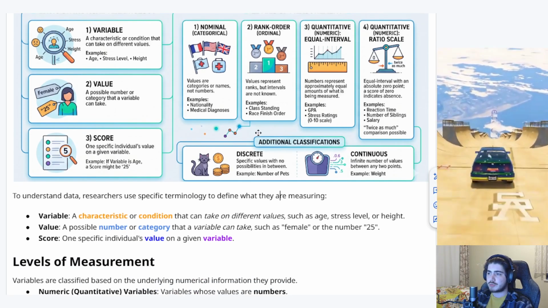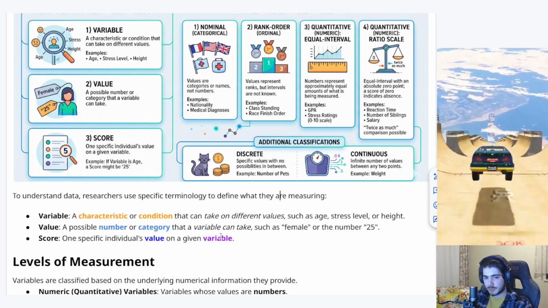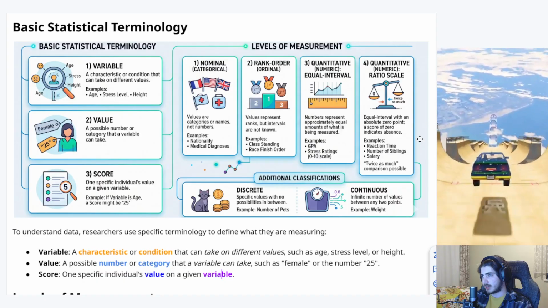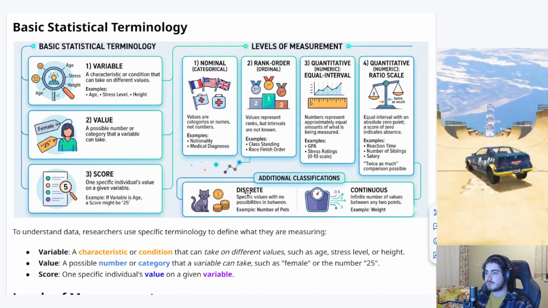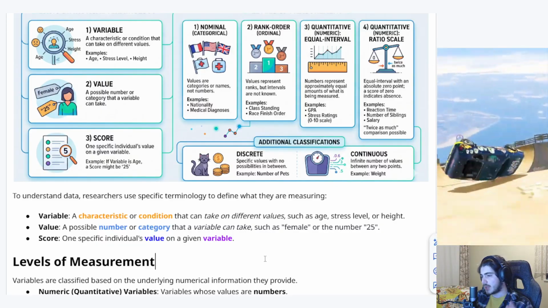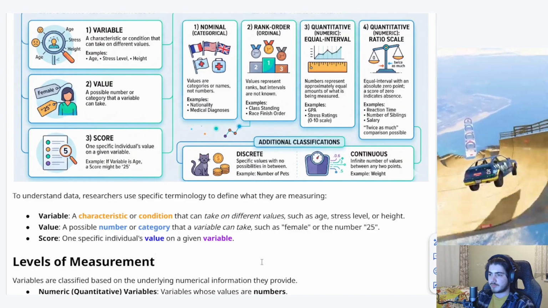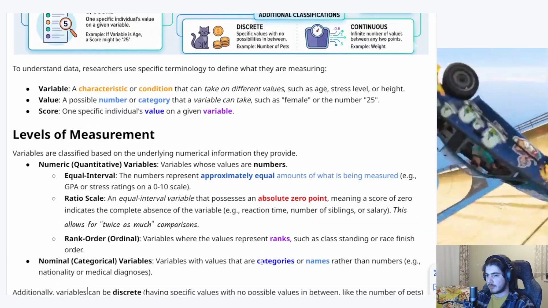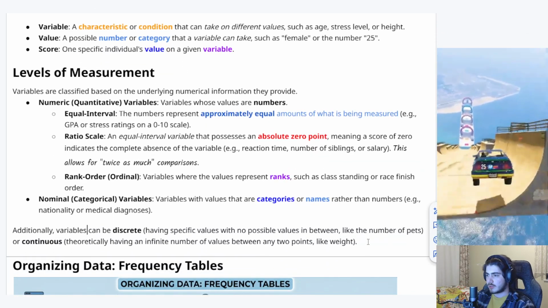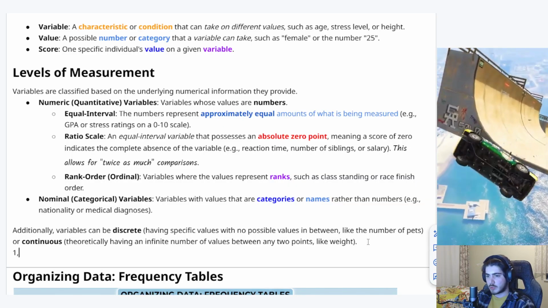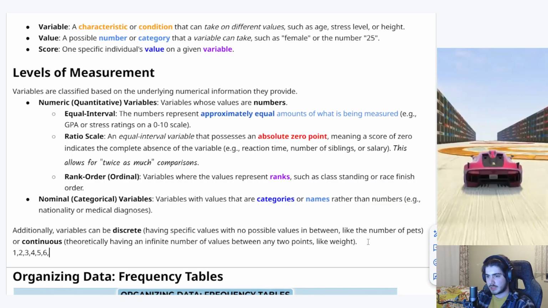And we have 2 additional classifications for these variables, mostly the equal interval and the ratio scale. So discrete is basically an integer. A discrete variable goes 1, 2, 3, 4, 5, 6.